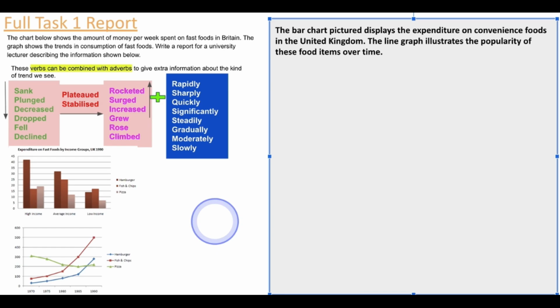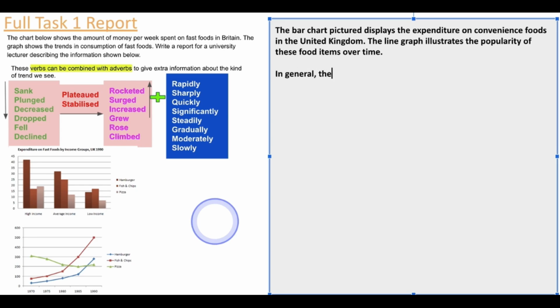Alrighty, so then we want to go into our overview and we're going to talk about hamburgers, because that's a sort of noticeable trend here. We could say maybe in general, nice way to open this up.